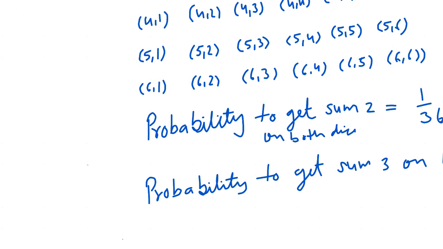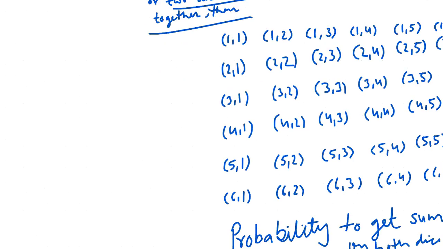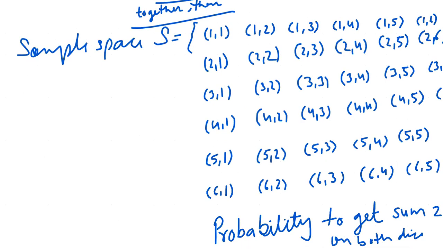Sample space: when we take this entire set of outcomes, then we can take this as the sample space. S is equal to all these outcomes written in the form of a set. You got it? Yes, ma'am.